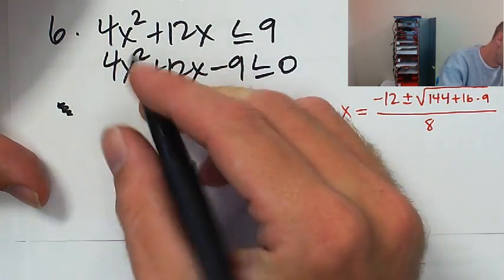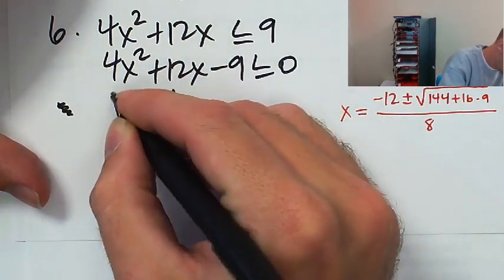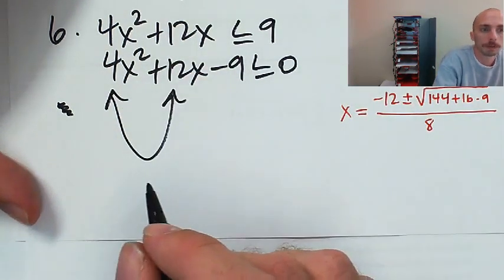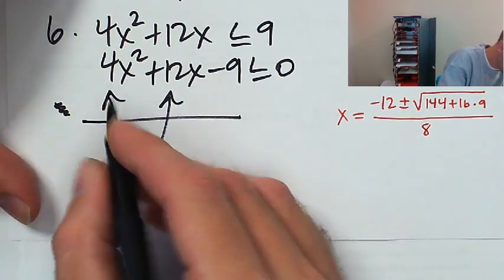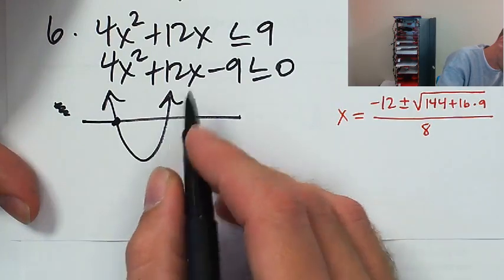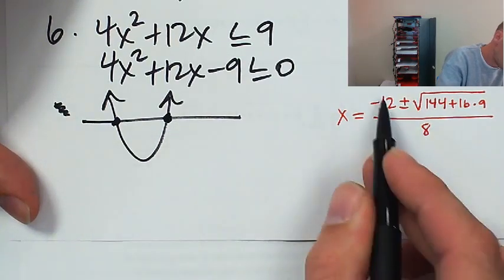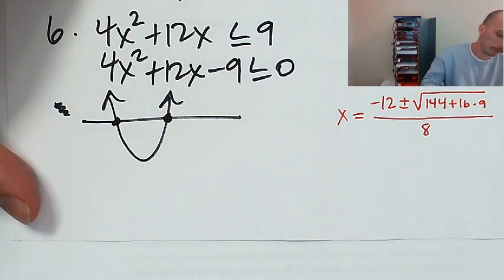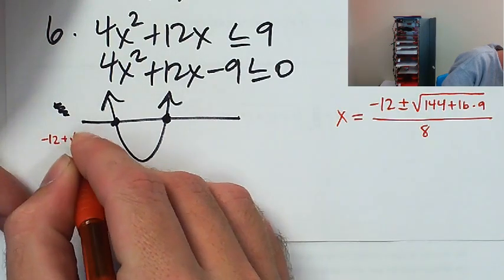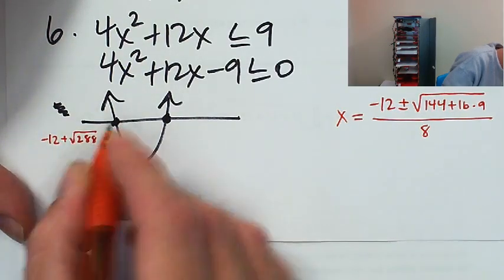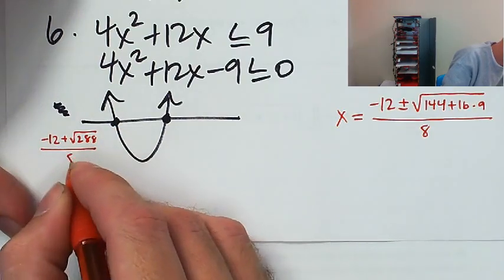Okay, so we've got ourselves a positive leading coefficient parabola. Okay, we've got the two zeros. Okay, we've got over here negative 12 plus the square root of 288, divided by 8.